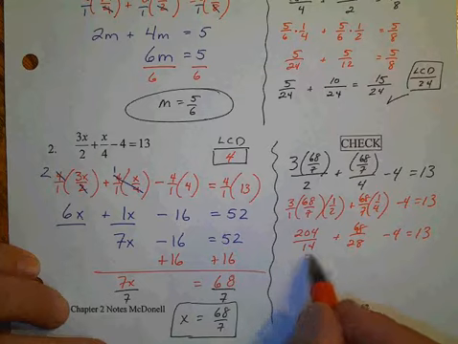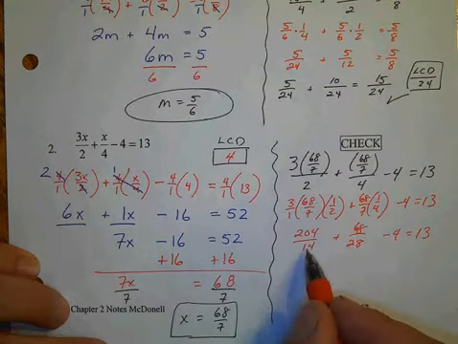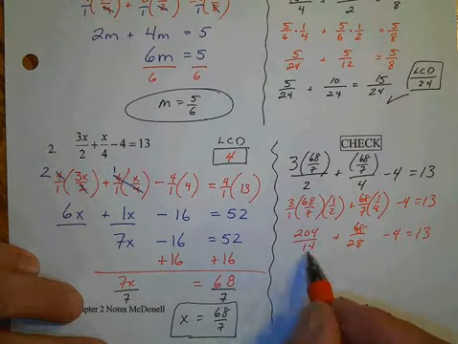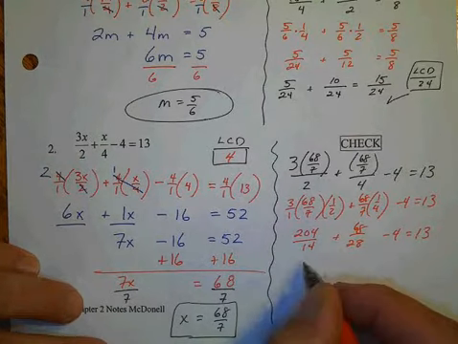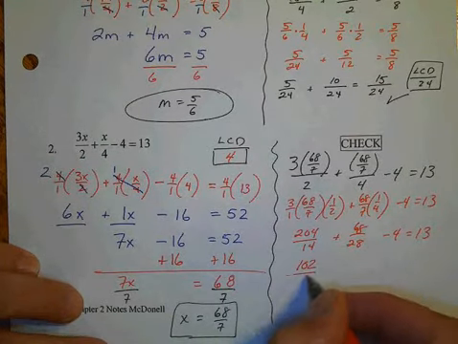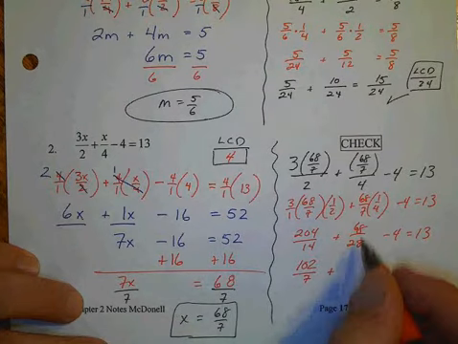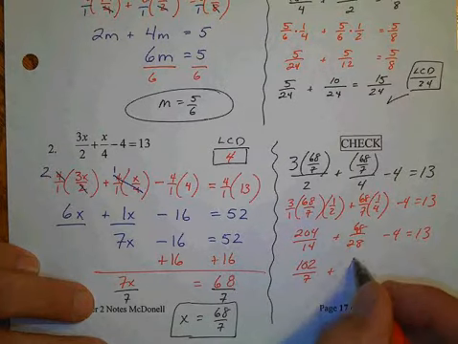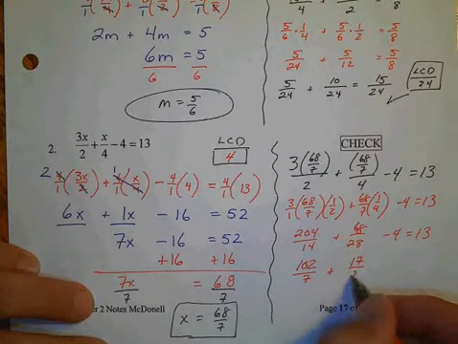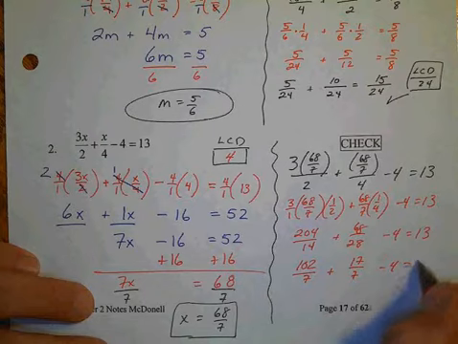It looks like we have a common potential denominator here. 204 divided by 14, both divide by 2. That leaves us 102 over 7. 68 and 28 both divide by 4. 68 divided by 2 is 34. 34 divided by 2 is 17. So 17 over 7 minus 4 equals 13.